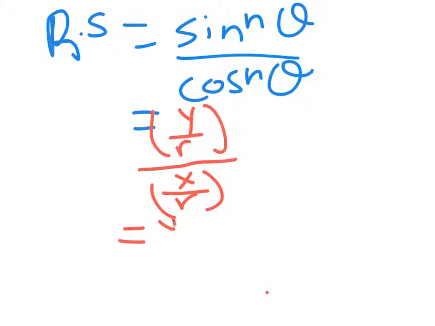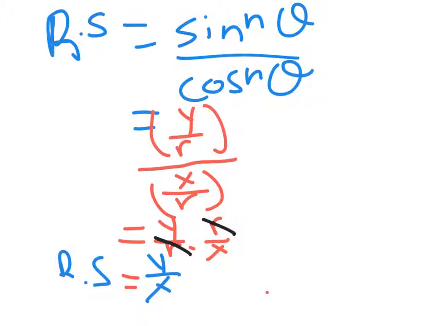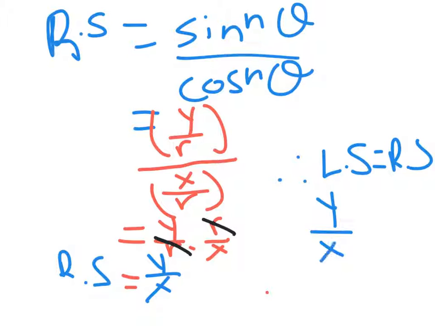So we have y over r times r over x. Since we have two r's on the numerator and denominator, we can cancel those out, and we are left with y over x. Therefore, our left side equals our right side because they both equal y over x.